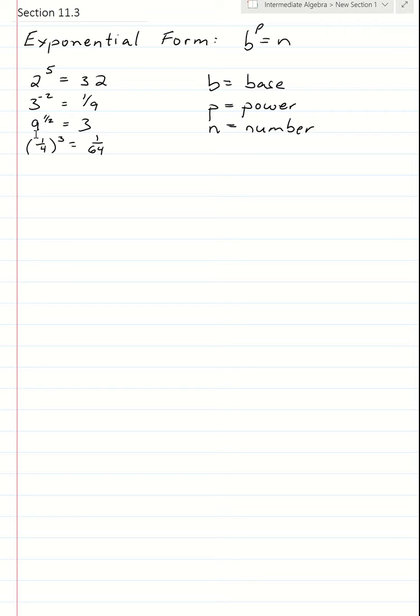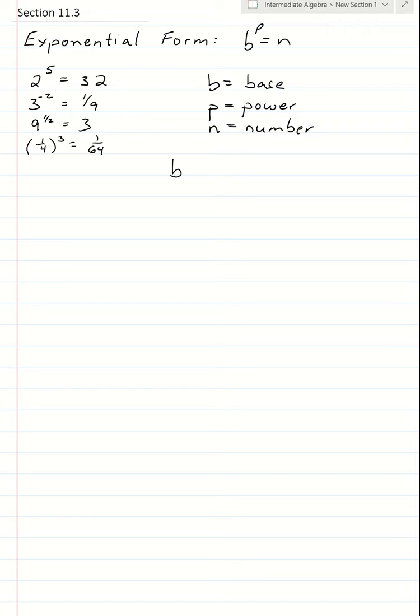Over here we have base 9 raised to a power of 1/2, and that will equal, of course, the number 3. And then finally, we have the base number 1/4 raised to a power of 3, and that equals the number 1/64.